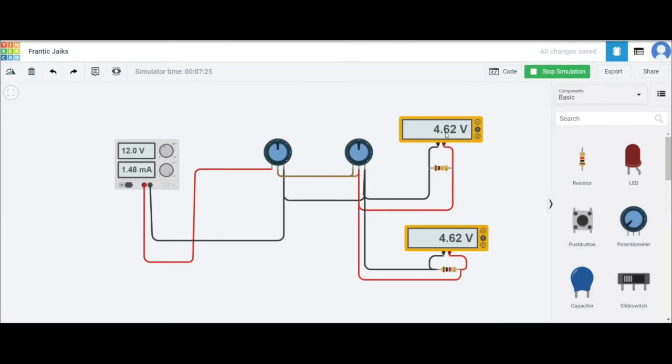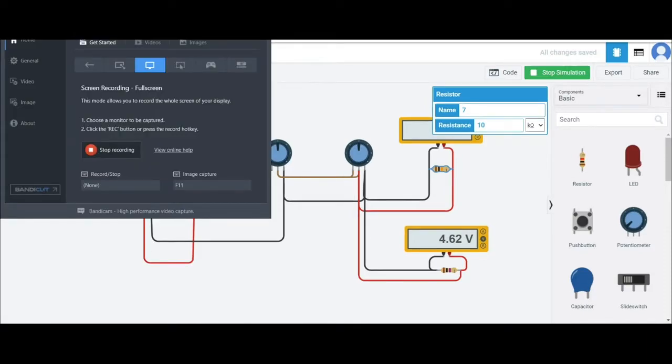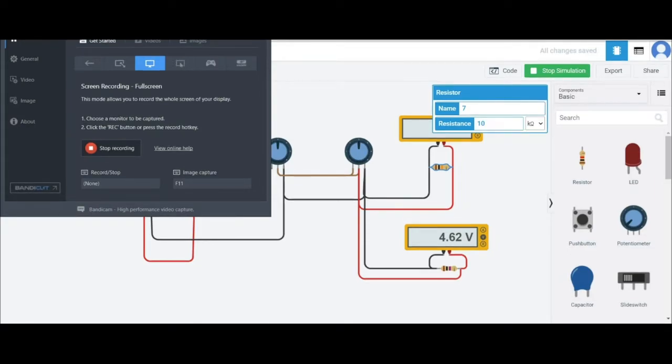As the conclusion, meter B, having the higher internal resistance, is more accurate compared to meter A having the 10 kilo ohm internal resistance. The higher the internal resistance of the voltmeter, the lower the current drawn from the circuit, thus the lower the loading effect. So the meter will be more accurate.